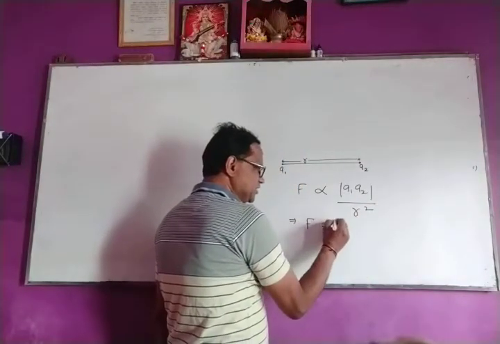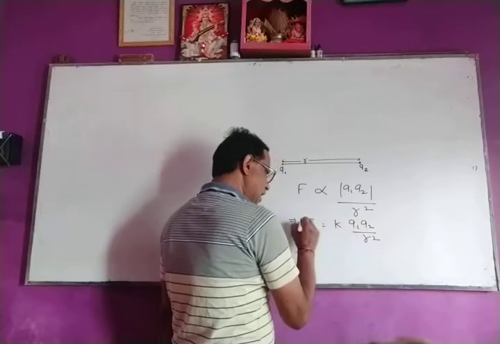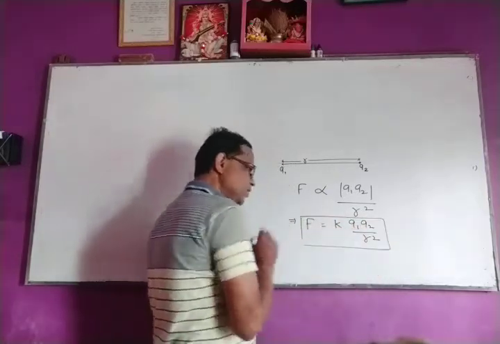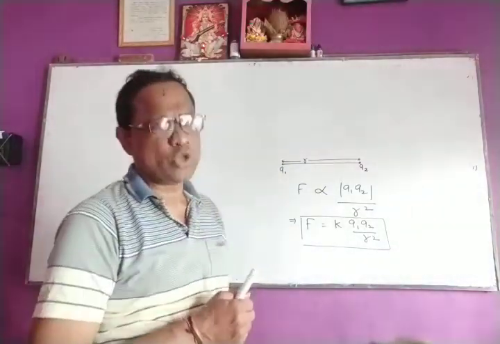So we can write F is equal to small k Q1 Q2 by R square. It is the mathematical form of Coulomb's law.